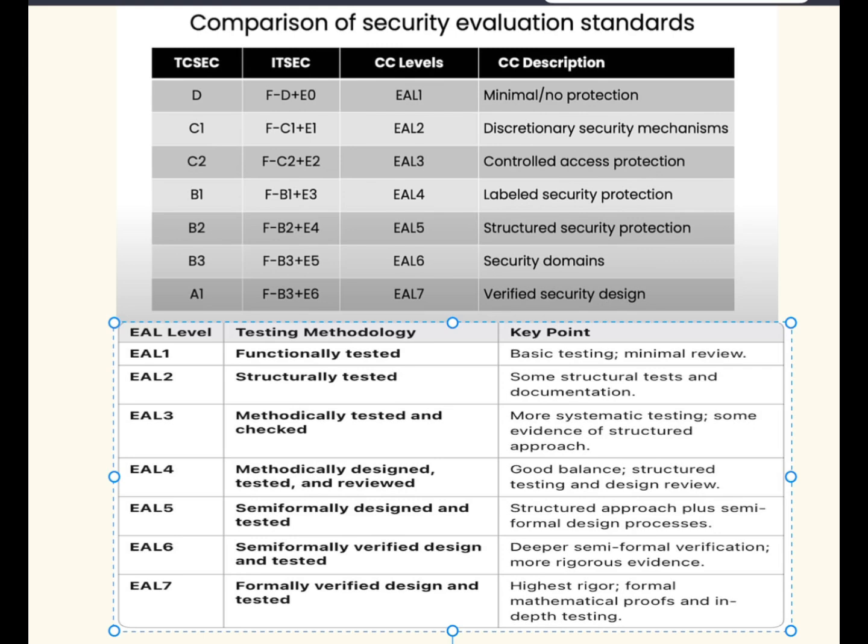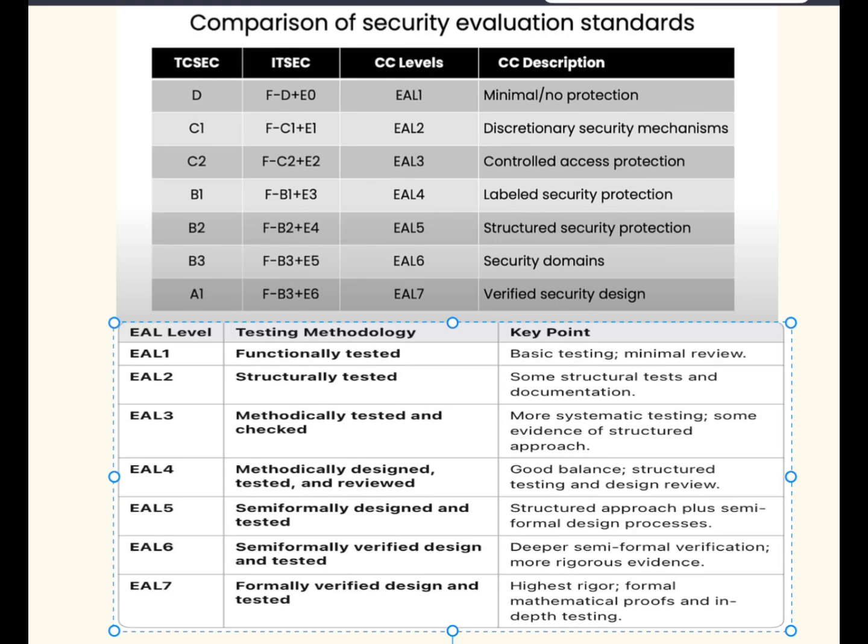And now a few more things regarding common criteria levels for evaluation. For instance, you can see in the below diagram the EAL levels.